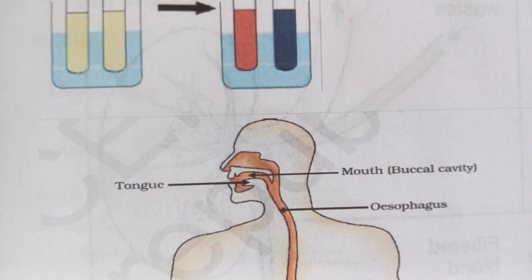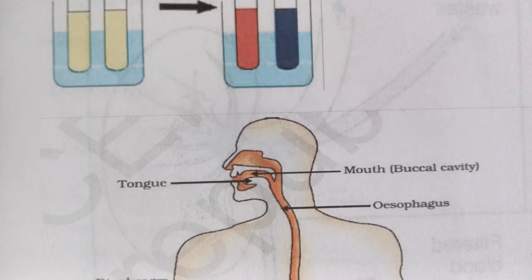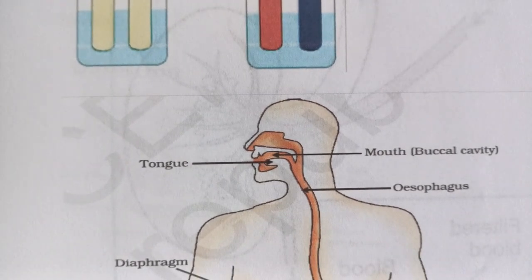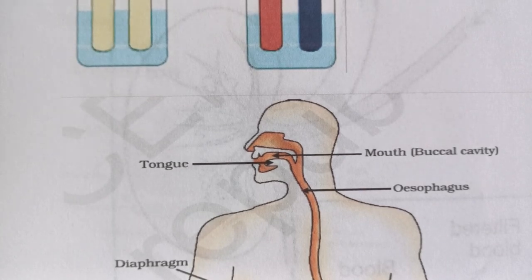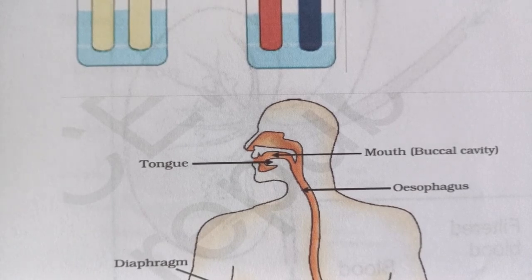Another aspect of the food we ingest is that it is complex in chemical nature. If it is to be absorbed from the alimentary canal, it needs to be broken into smaller molecules, and this is done with the help of enzymes. Saliva contains salivary amylase that breaks starch down from a complex molecule into simple sugar.